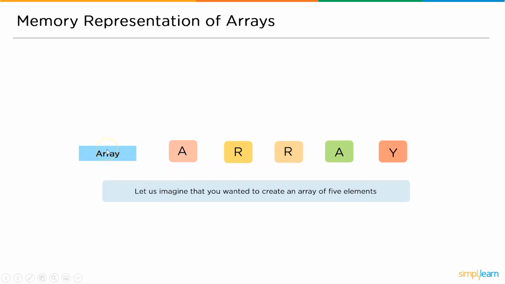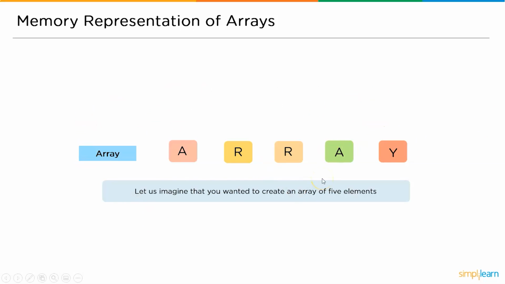Let us imagine that we have declared an array which stores character type data. And another important point to remember about arrays, when you declare an array, it stores only single data type elements. For example, here we have declared a character type array, right? So we cannot store integer type data or float type data in it.